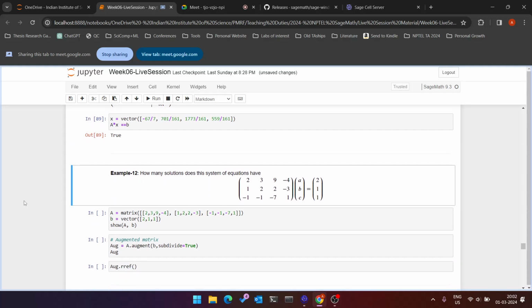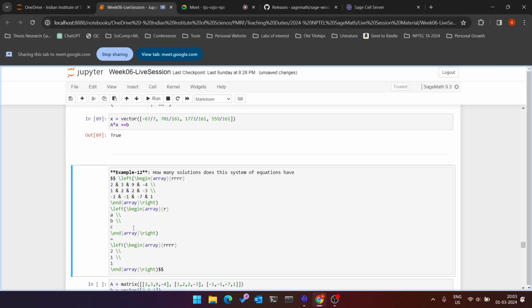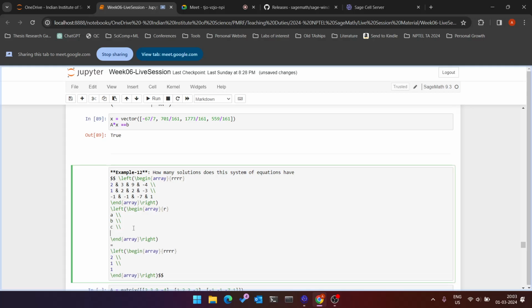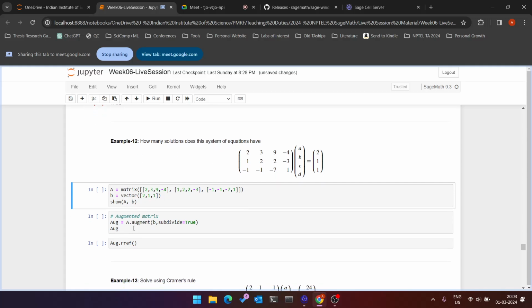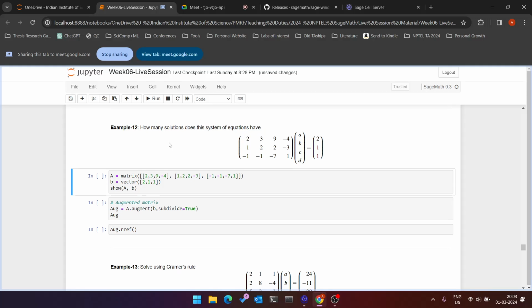Next, we are asked to solve a system of equations. In this example, we have been asked to calculate the solution for a system of equations. So we have three equations in four variables.